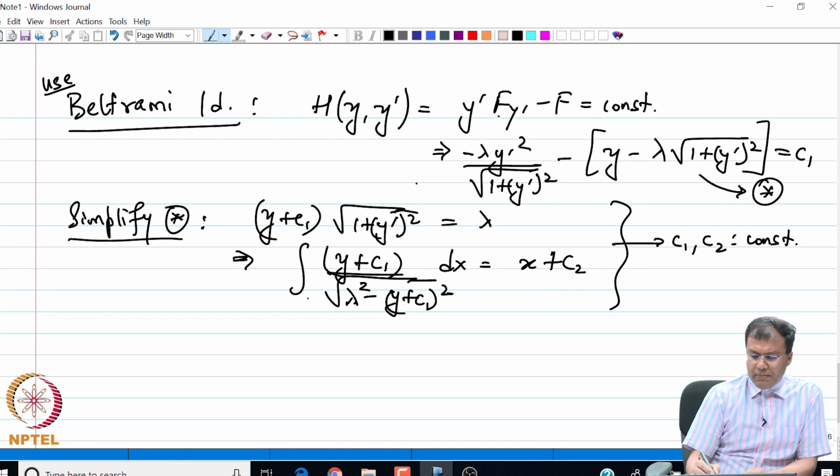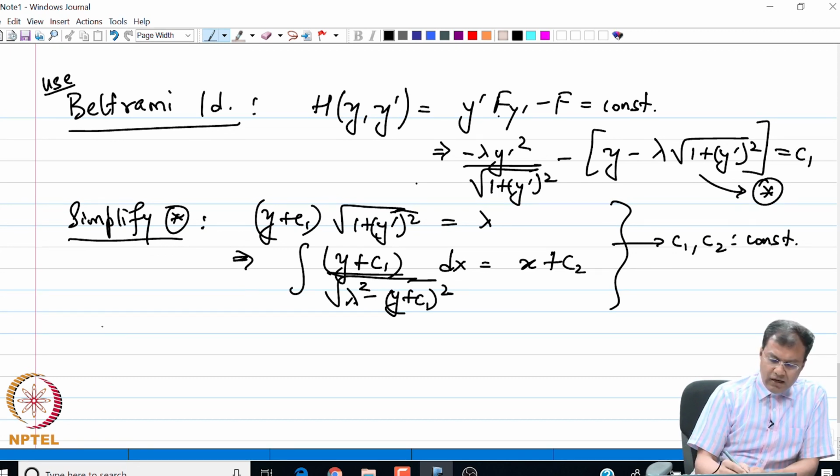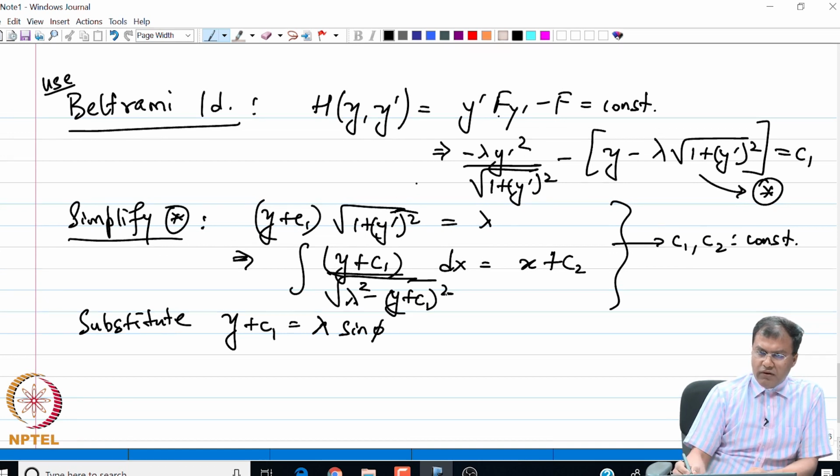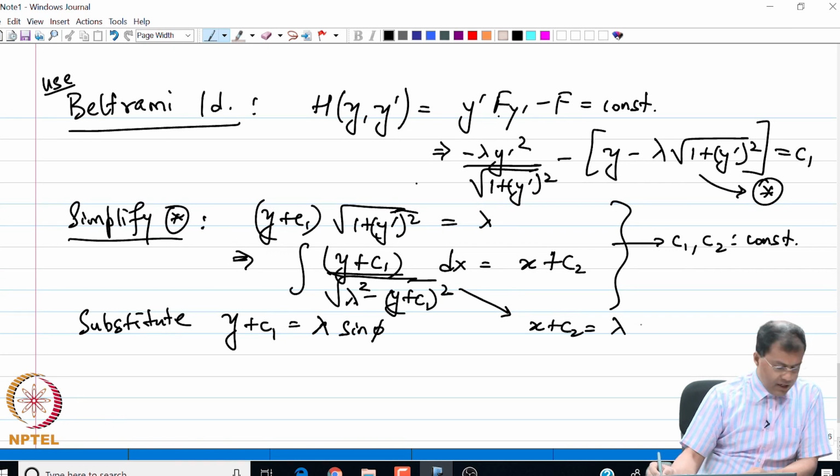So, the next set of steps in integrating will involve a certain substitution. We can substitute y plus C1 equal to lambda sin phi, and the moment we do that, this integral becomes very straightforward, and this integration leads to x plus C2 equal to lambda cos phi, right.